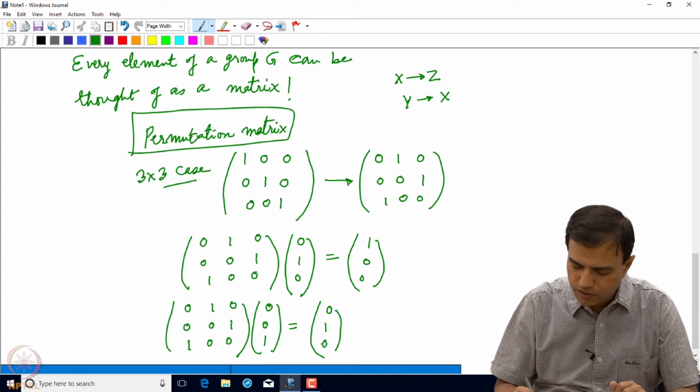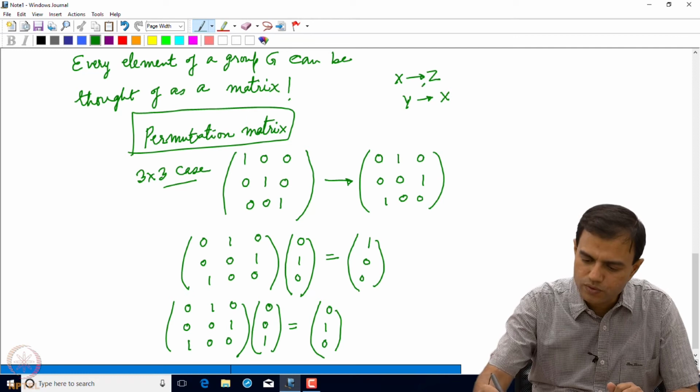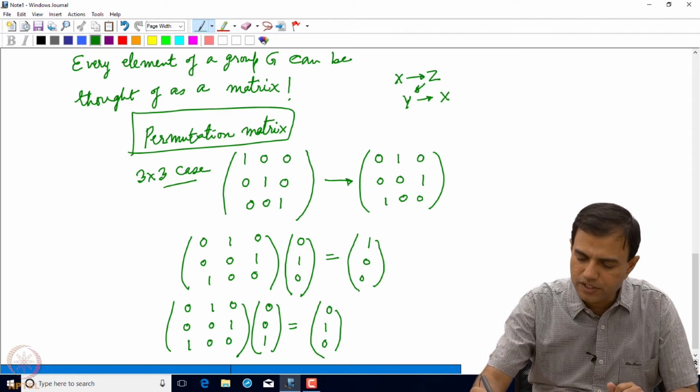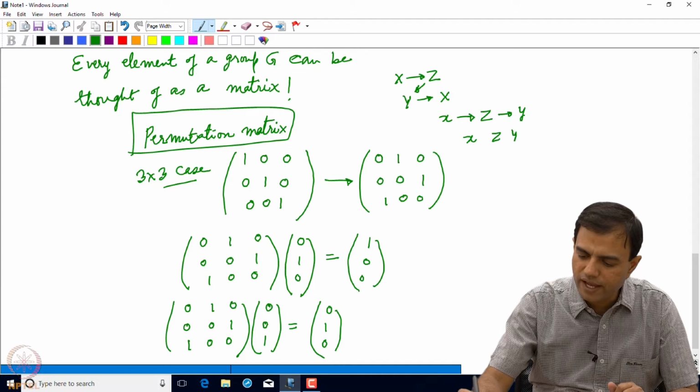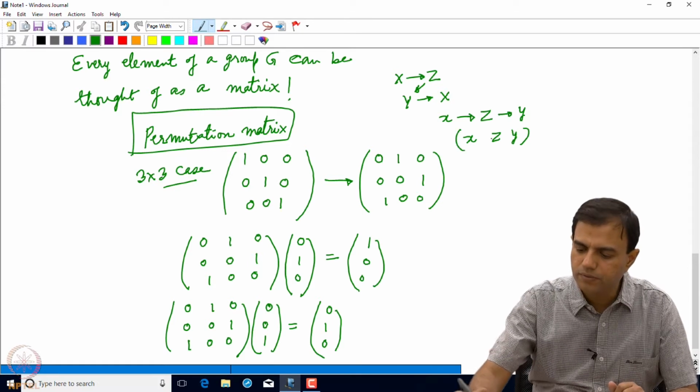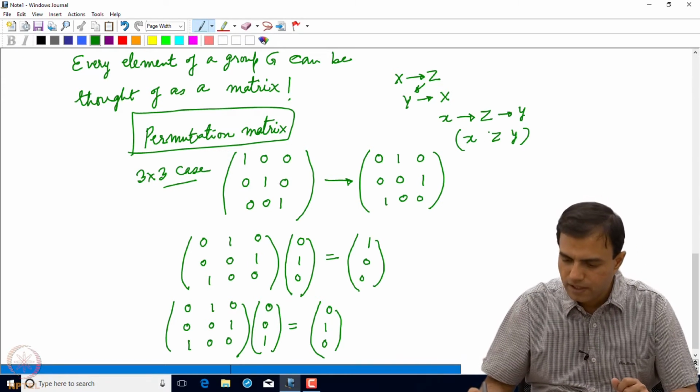So the z-axis goes to the y-axis. So this is a permutation: x goes to z, goes to y, and then y comes back to x.